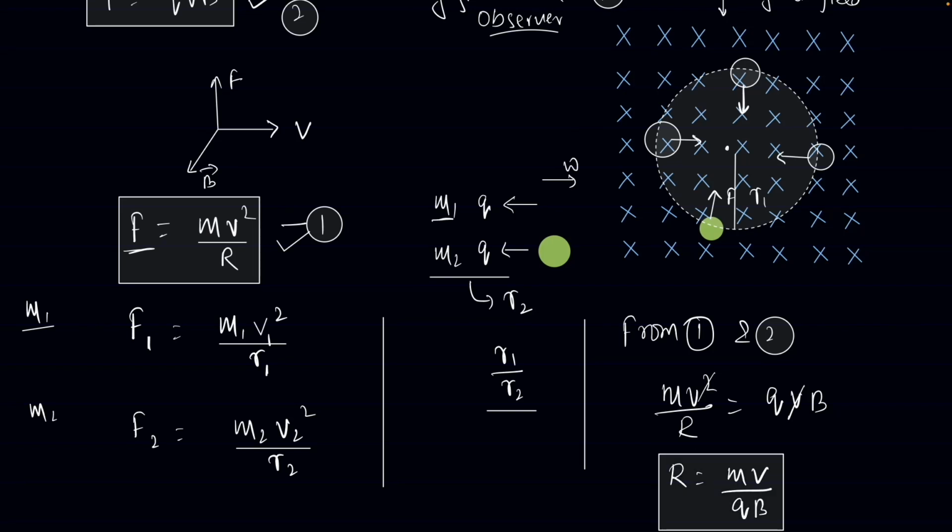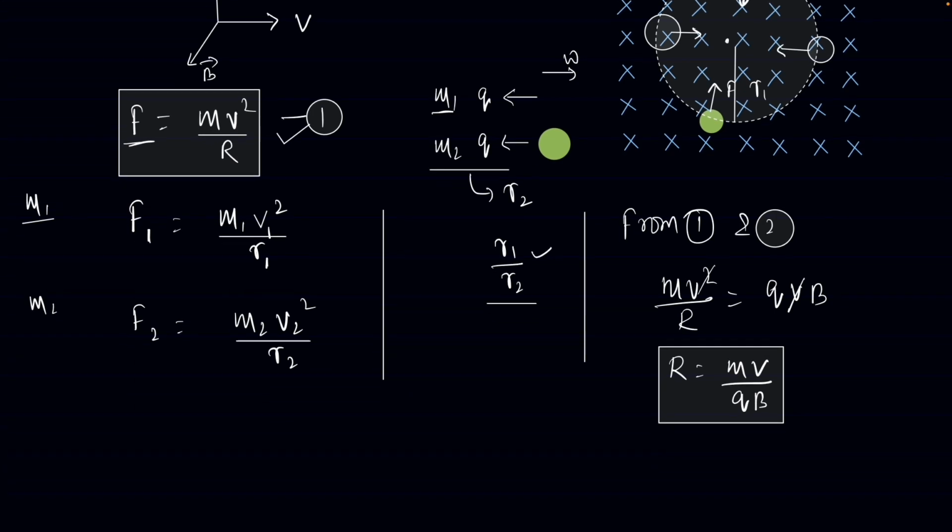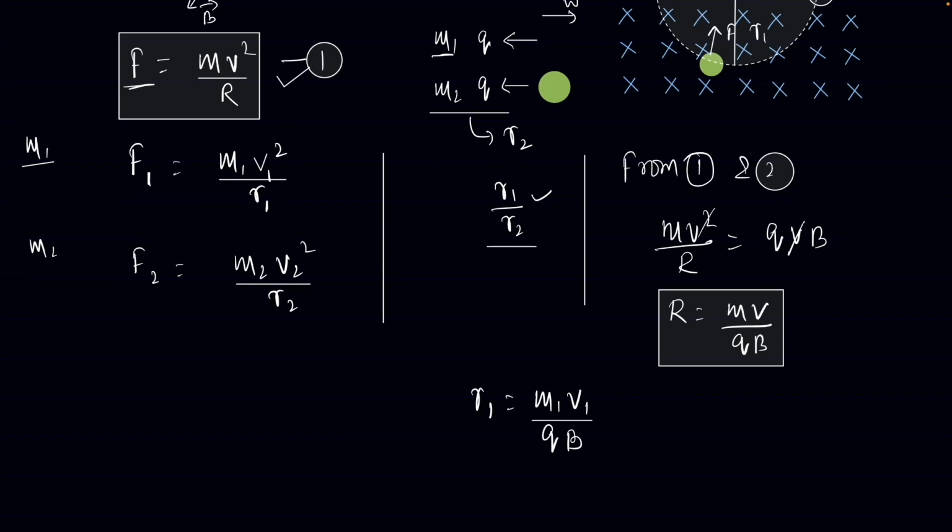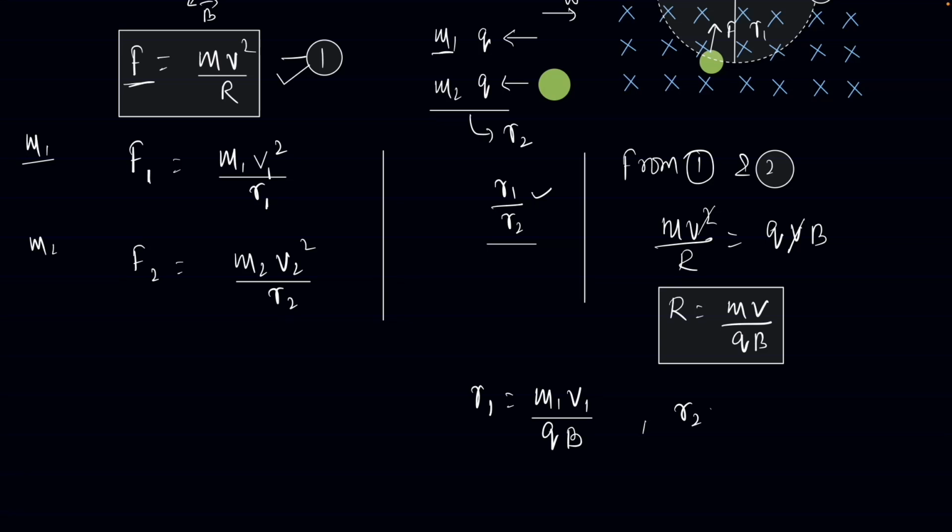Now to find the value of r1, we can write r1 is equal to m1 v1 by qB, and r2 is equal to m2 v2 by qB.